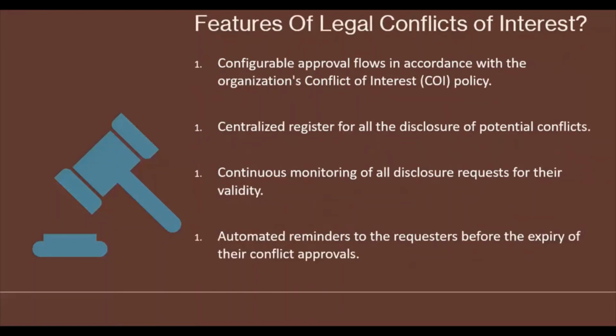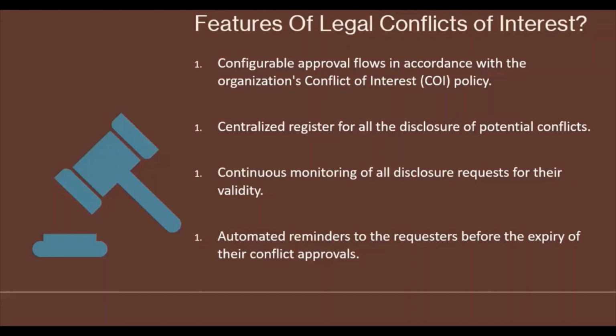So what are the different features of the conflict of interest? We can configure the conflict of interest workflow, approvals, and policies. We have different conflict of interest policies. Every organization has a policy so that their employees are not affected by this.